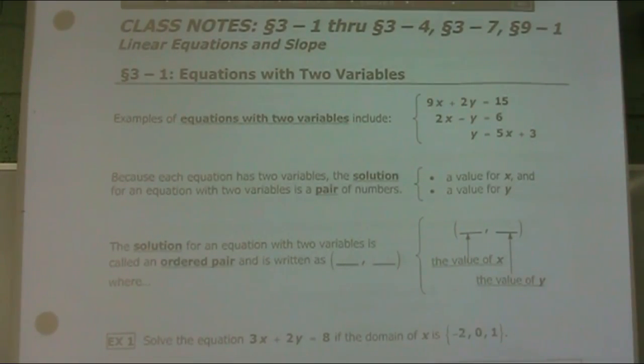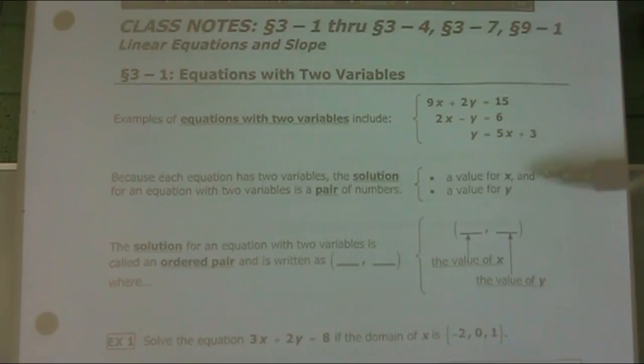However, finding the solution for an equation with two variables works a little bit differently than finding the solution for an equation with one variable. With one variable, we got an answer such as x equals a certain number. With a two variable equation, we're going to get two parts of an answer.